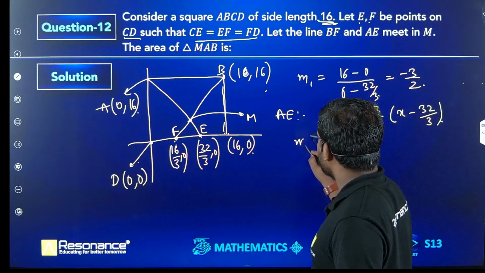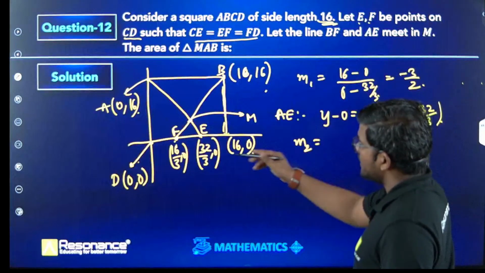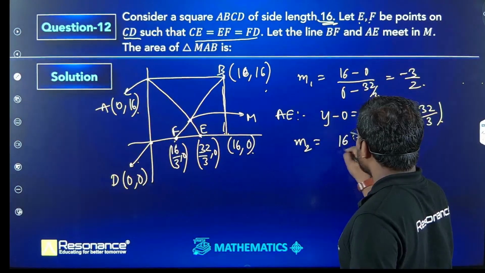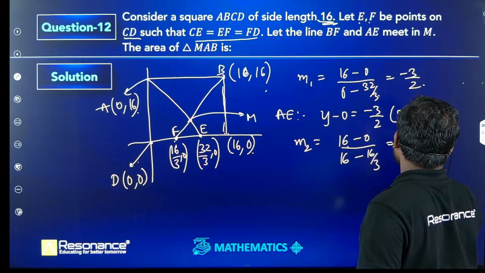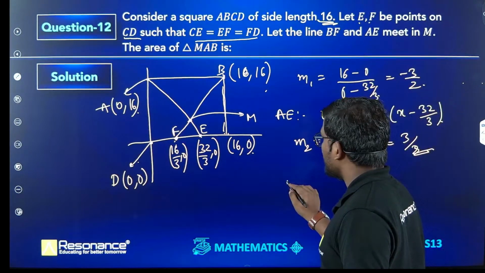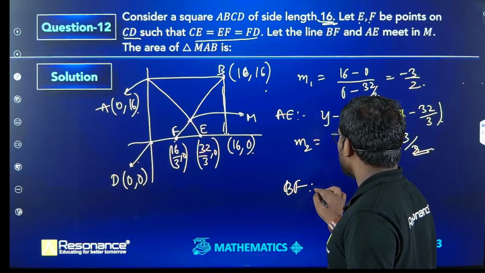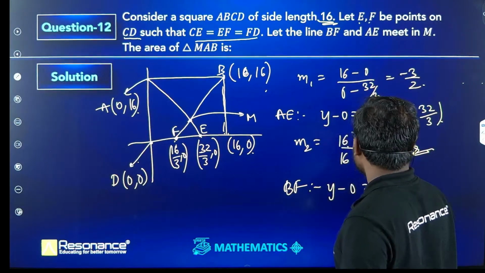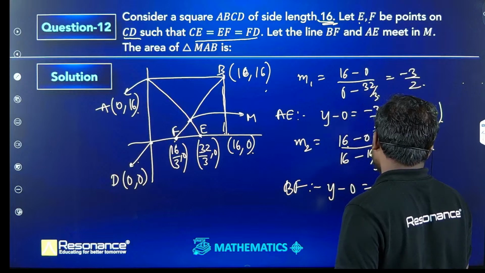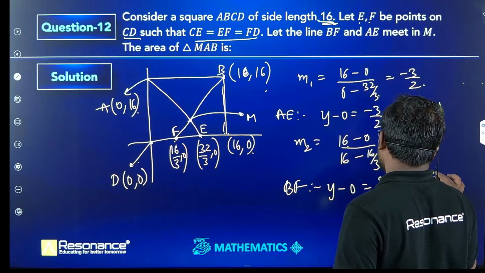Further, the second slope would be 16 minus 0 again by 16 minus 16 by 3. So this would be 3 by 2. So BF equation would be y minus 0 is 3 by 2 into x minus 16 by 3.